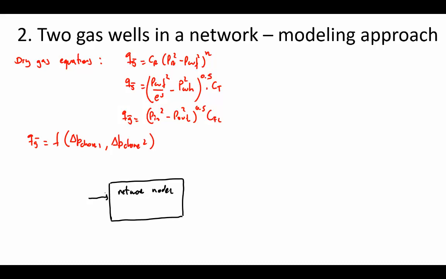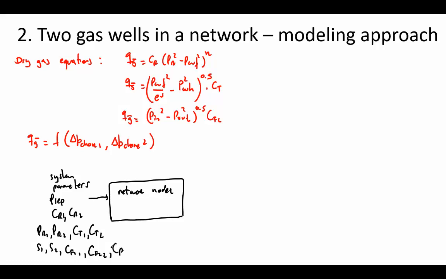We have some system parameters. We have P separator, we have CR1, CR2, we have PR1, PR2, we have CT1, CT2, we have S1, S2, we have C flow line 1, C flow line 2, we have C pipeline.